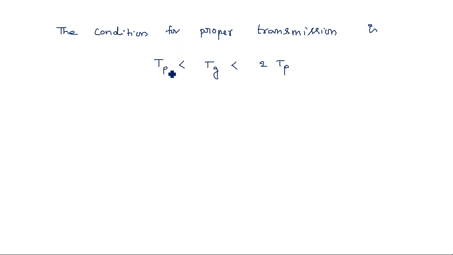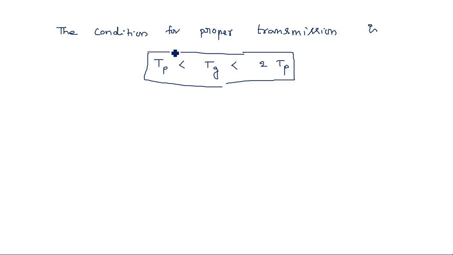Tp is the input pulse period. It should be less than the gating pulse width, and that is also less than 2 times the pulse period. That means we have to choose the gating pulse in such a way that it should be between Tp and 2 Tp. Then only we can have the particular output that I explained in the previous slide.